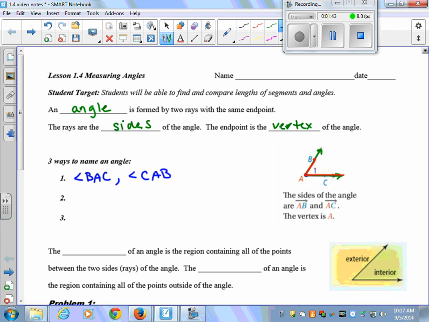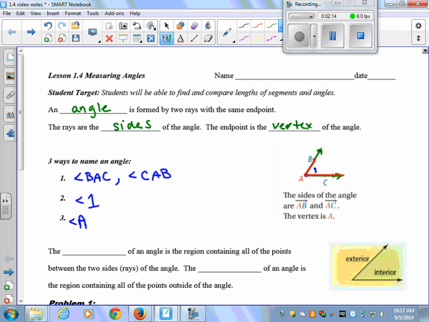Either one works. The second notation we use for naming an angle, we could call this angle 1. Not all angles are going to be labeled with a number, but this one has a number 1 right here, so we could call it angle 1. The third way can't be used all the time, but we could call this angle A. So just using the vertex of the angle.